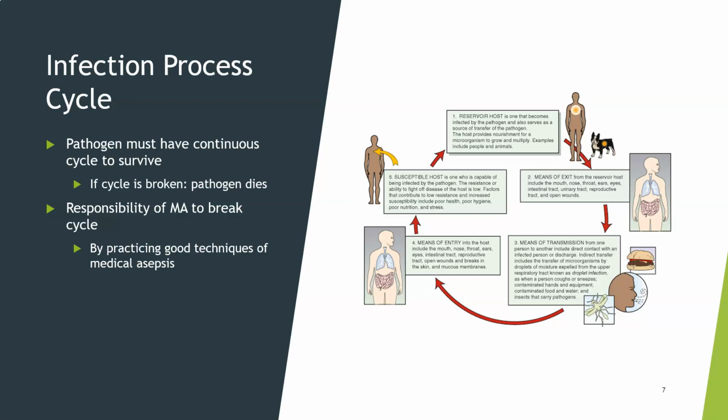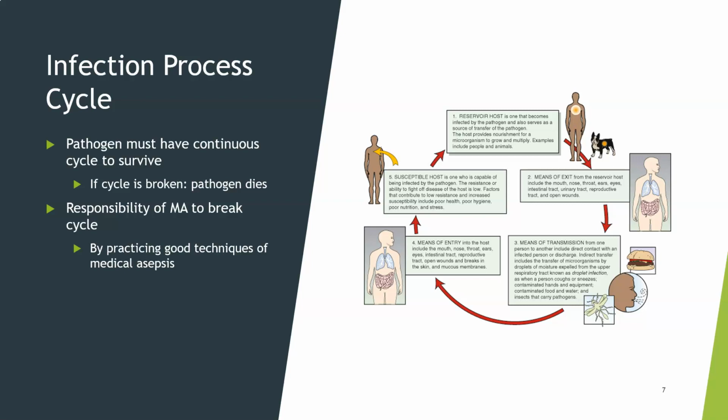That could be through what we talk about with upper respiratory tract infections and droplet infections, where they're transmitted through the air in these respiratory droplets, but they can also be transmitted through contamination of food, or indirect transfer, where the pathogen goes onto a third space, right, like a treatment table or something like that, and then transmits to the next individual. But there has to be some means of transmission.